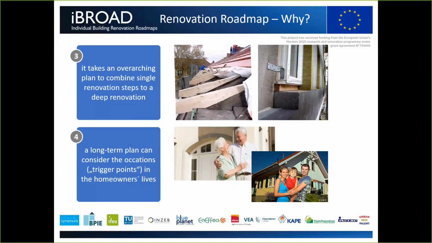The third point is that you have to have an overarching plan to combine these single steps into one deep renovation. And that's what we're aiming for. If you think of all these linkages between maybe the window and the insulation, or the necessary roof overhang if you would like to insulate the wall, these are things that have to be planned ahead in order to avoid mistakes.